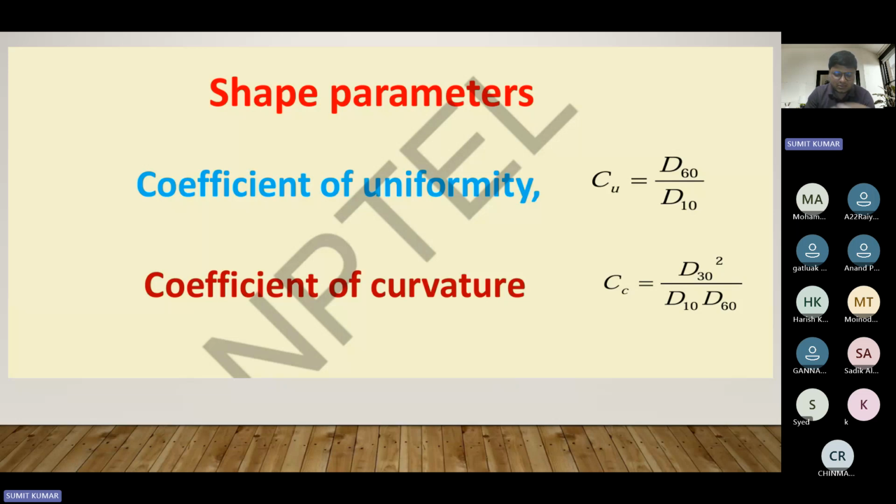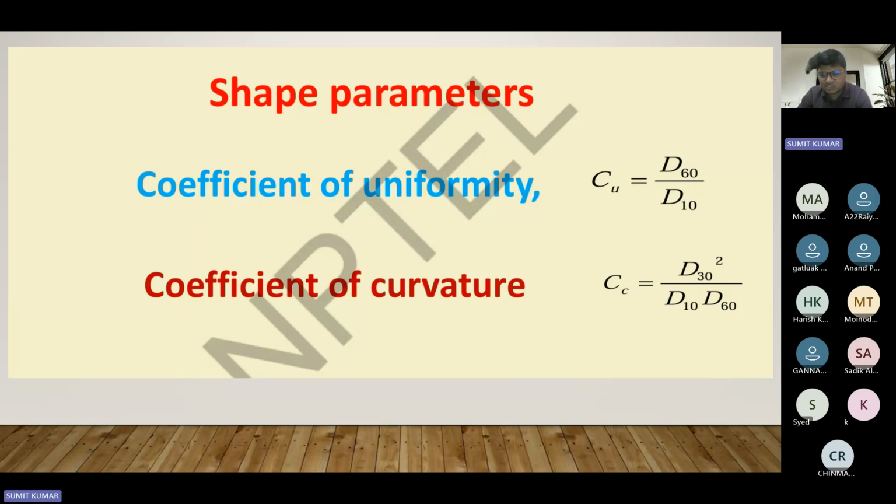Okay. One of the important things I want to mention over here: for a well graded soil, the CU value should lie in the range of 1 to 3, while for well graded sand, the CC value should be more than 4, and for gravel it should be more than 6.